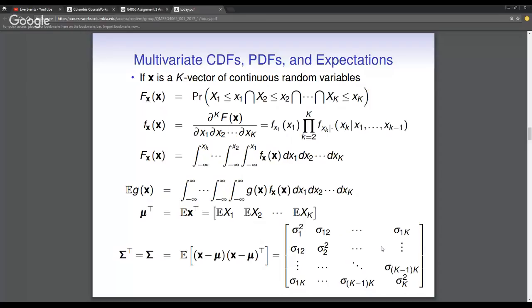And because the covariance between x1 and x2 is the same as the covariance between x2 and x1, this variance covariance matrix is symmetric, which is to say it is equal to its own transpose.